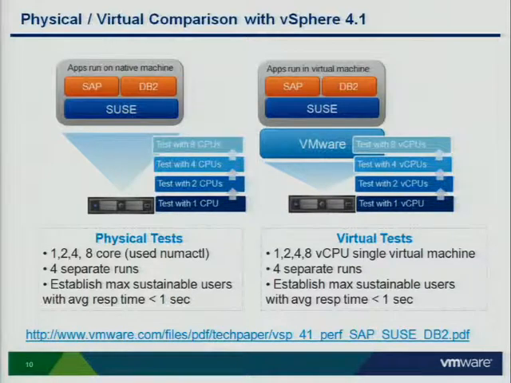So we were using the same number of sockets in addition to a number of physical cores. And so the criteria for this is all users that you can run maintaining less than a 1-second response time.